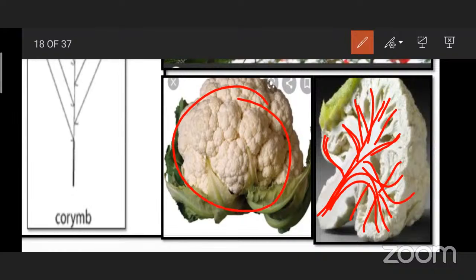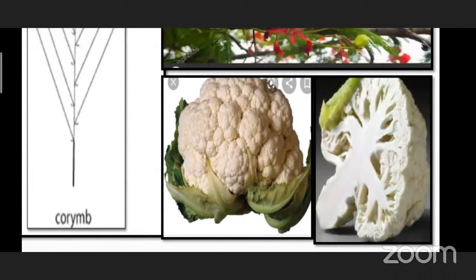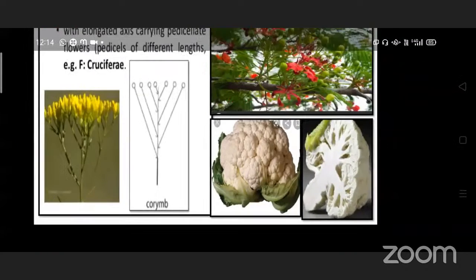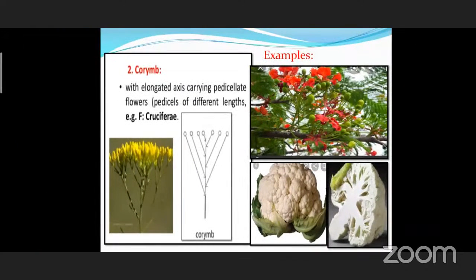On the outer surface there is no differentiation, but on the inner side, pedicels of different lengths. This is the second one, simple racemose inflorescence, that is corymb type with elongated axis carrying the pedicellate flowers. Pedicels are of different lengths. Okay.